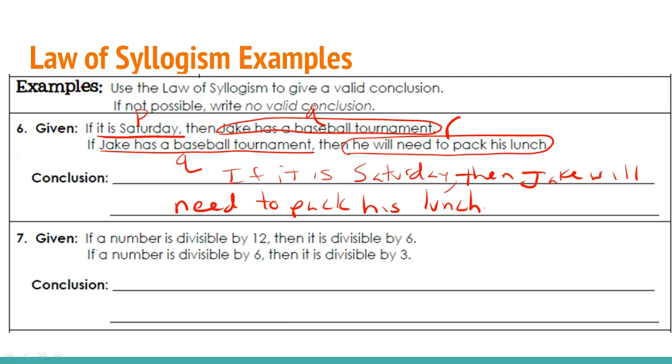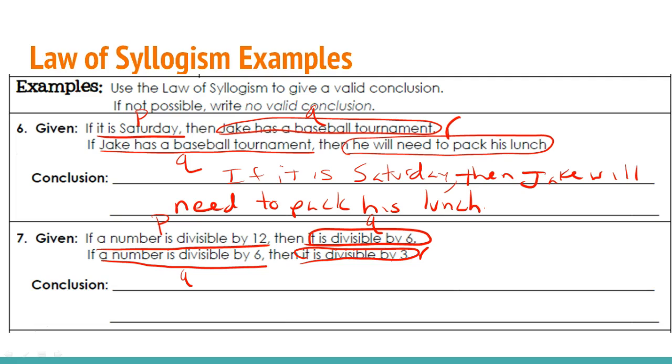It says if a number is divisible by 12, that would be our P, then it is divisible by 6. That's our Q. Now, Q is stated again here. If a number is divisible by 6, that's Q, then it is divisible by 3, which is R. So once again, the conclusion of our first one is the hypothesis of our second one, so the law of syllogism holds here.